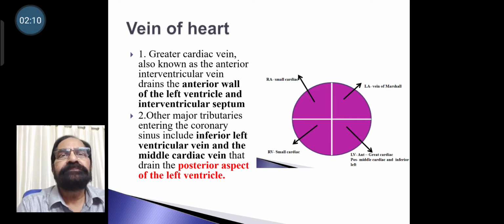Veins of the heart. The great cardiac vein, also known as anterior interventricular vein, drains the anterior wall of the left ventricle and the interventricular septum. Other major tributaries entering the coronary sinus include the inferior left ventricular vein and the middle cardiac vein that drain the posterior aspect of the left ventricle.